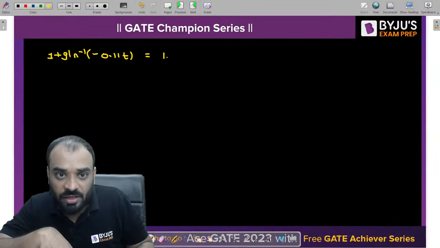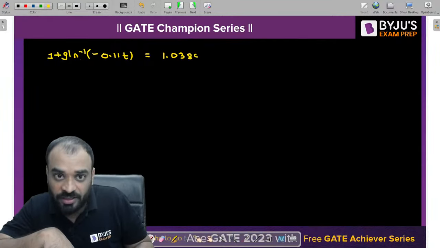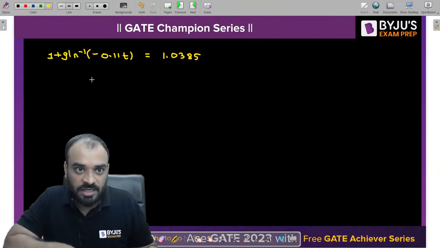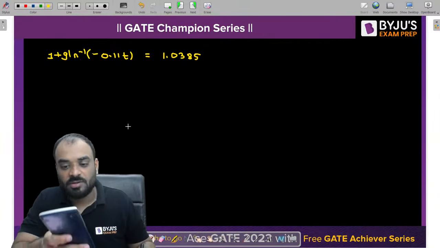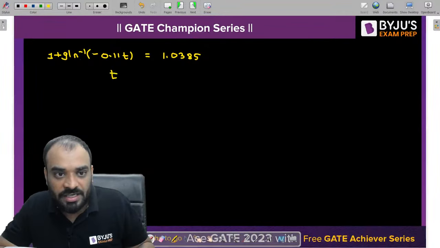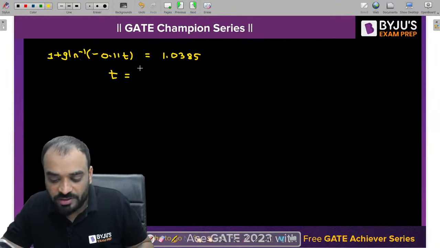So we are getting a value of 1.0385. Okay, so guys, let's solve it further. How much are we getting? Let's see. Divide by 9, then we need to take ln, divide by minus 0.11. So guys, we are getting as an answer t is equal to, after solving this, how much are you getting?